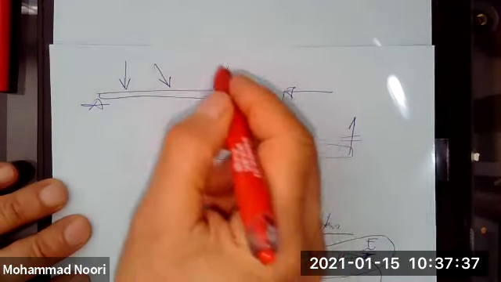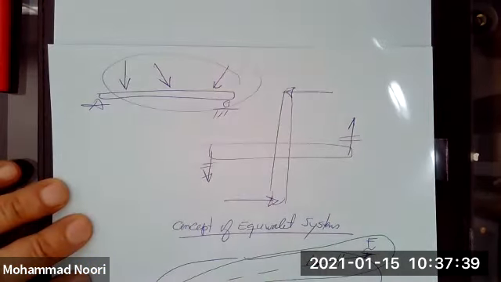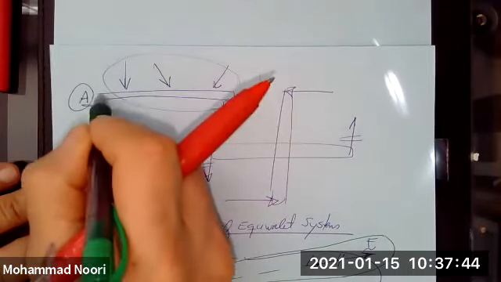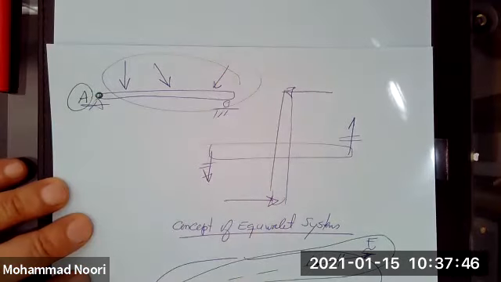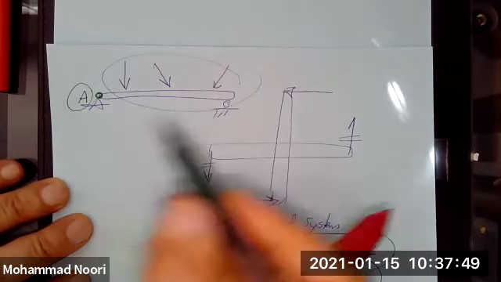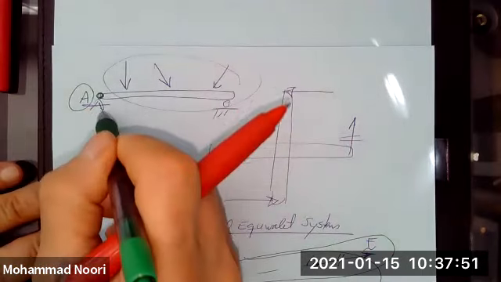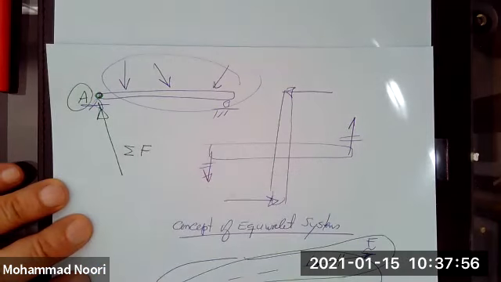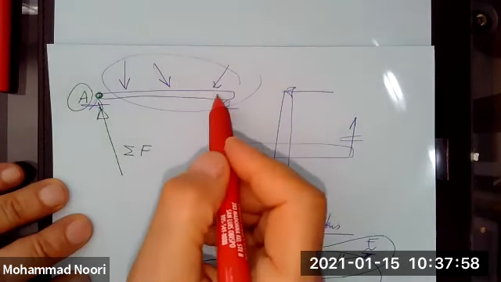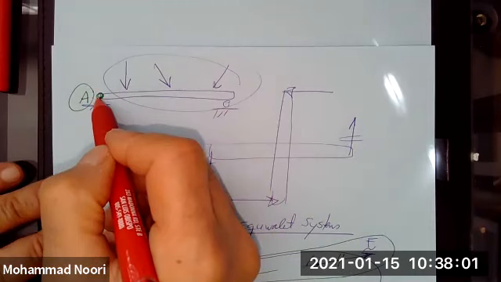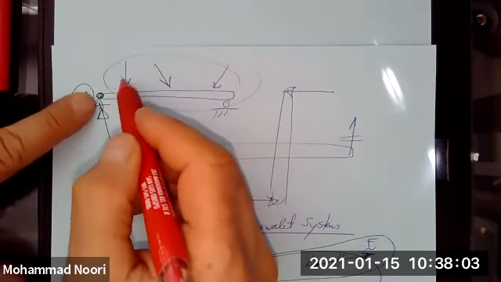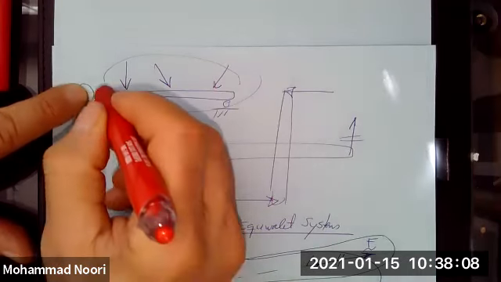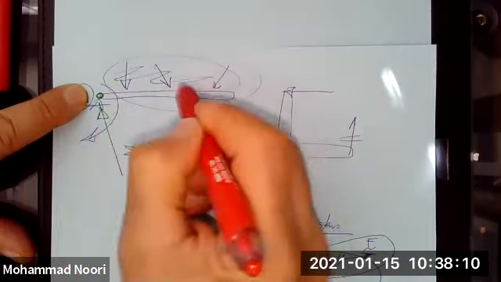I want to replace all of them with a single force that acts only at this point A. What I do, add these up, put the resultant of all these forces here. However, if I want to move all of these forces here, I need to find the moment that each force generates about this point and add those up and put them here, okay?